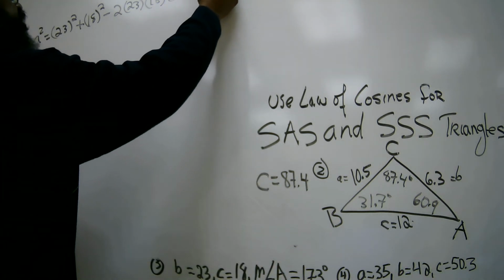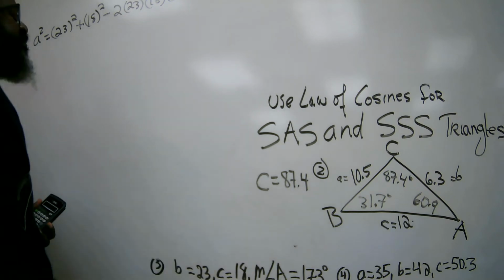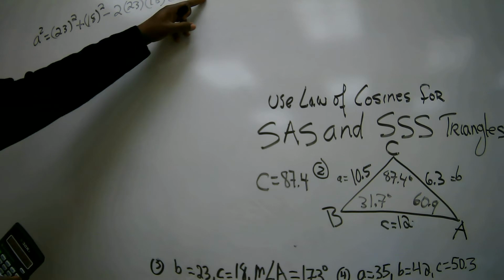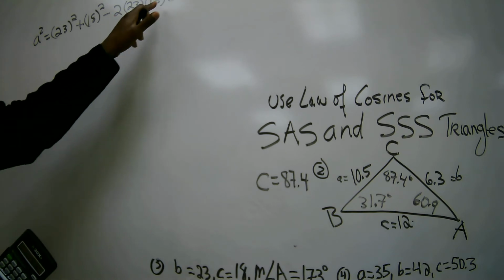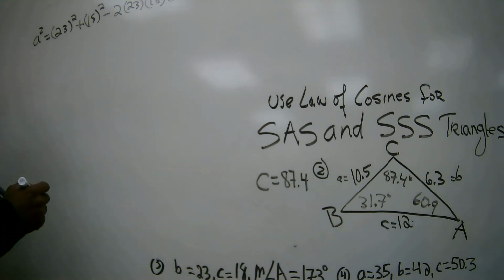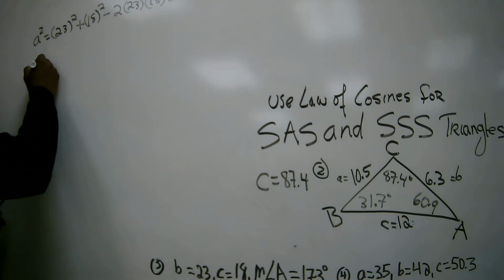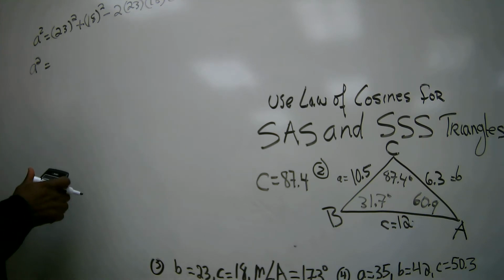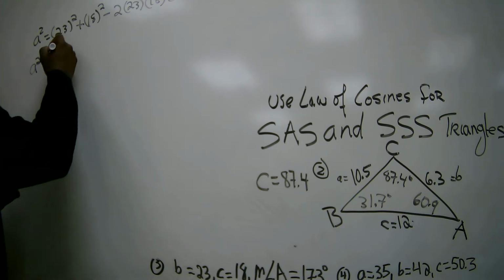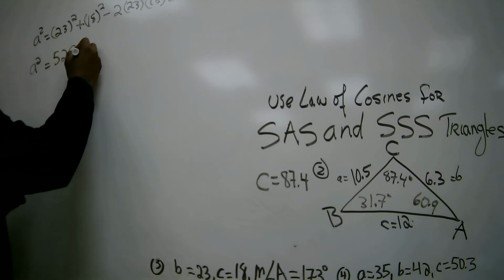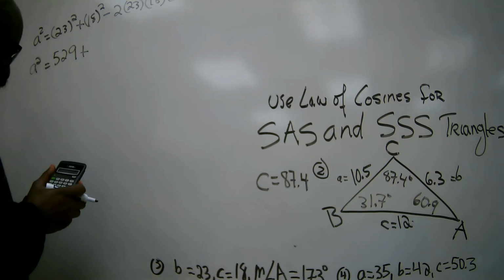As you can see, it is an obtuse angle, so the cosine is going to be negative. You're going to multiply negative by negative, and it's going to become positive. Then you will have A squared is equal to 23 squared, which the calculator will help you with. This is 529 plus 18 squared, which is 324.